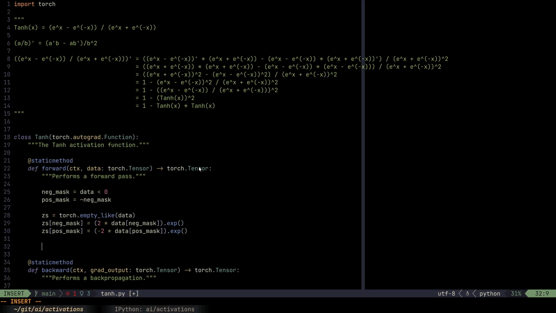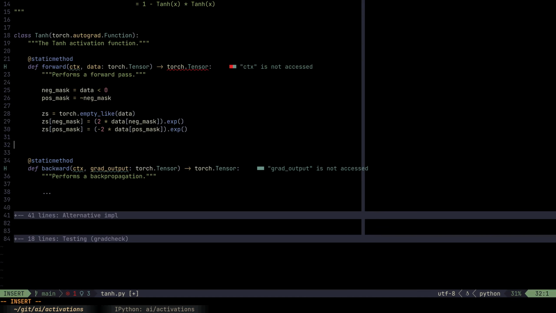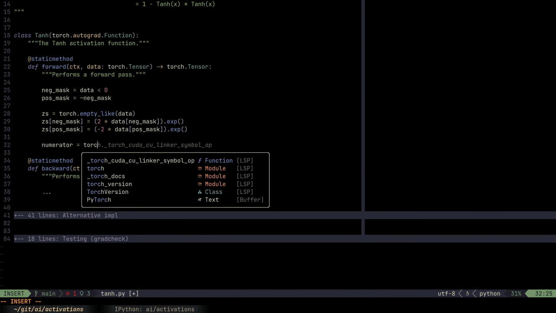Okay. Next, let's define a numerator. Initially it's going to be torch.ones_like, the same shape as data. Numerator at the negative mask, we're going to multiply by minus 1. The reason for that is because for the negative values, we have minus 1 here.